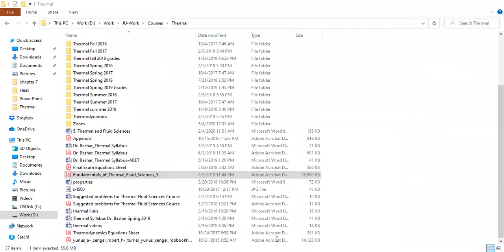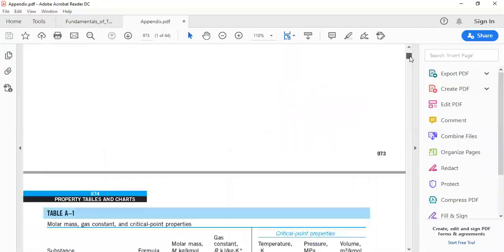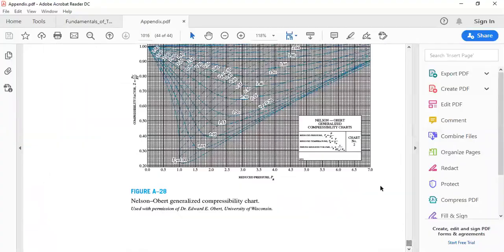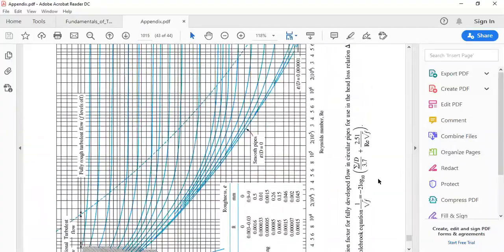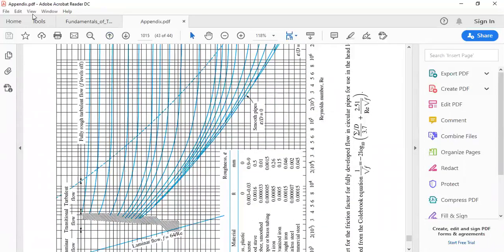If we go to the appendix, the Moody chart, that's figure A27. That's almost the last page, or the one before the last page. This is the Moody chart. Let's rotate it so we can see it.